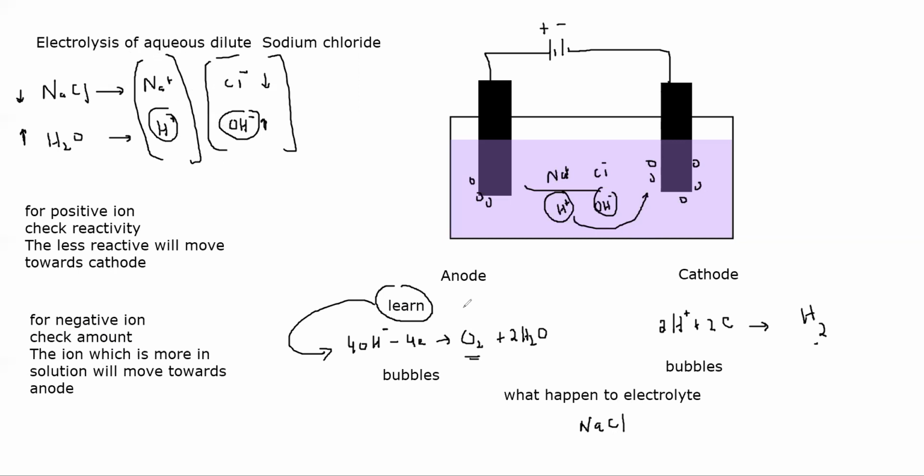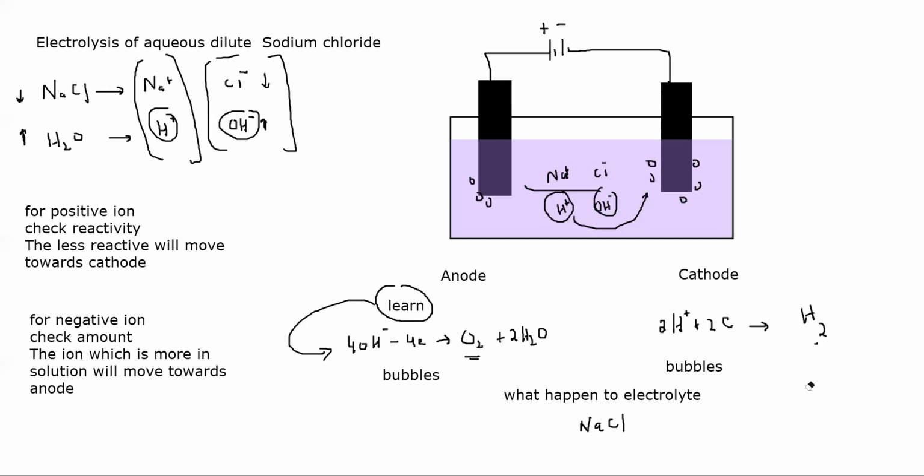If you remove water from the substance, it will become concentrated. Because if the amount of water increases, the substance becomes dilute. If the amount of water decreases, the substance becomes concentrated. But in short, for the electrolyte, you're left with NaCl.